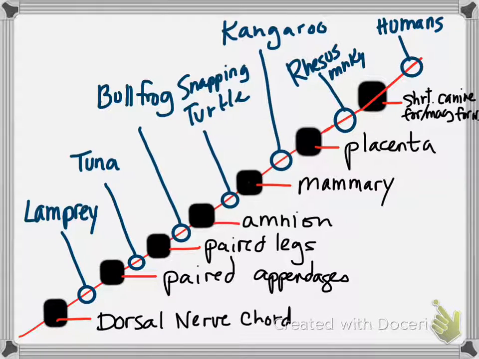So when you look at this, we can look at something below this line, below that box, and we're saying that it's got all of these characteristics, amnions and paired legs and paired appendages, but it has none of these. And these are really useful. We look at these to figure out common ancestors.